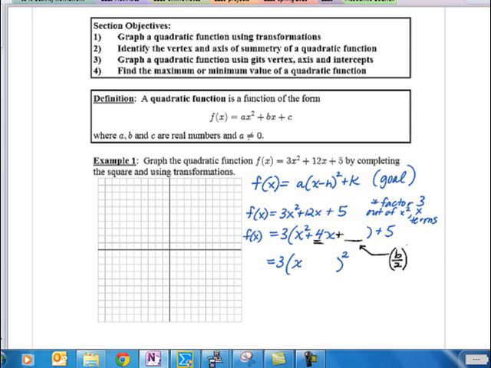So I'm ignoring the 3, I'm not looking back to the 12, I'm only looking at this 4 that's here now that I've factored the 3 out. So I take 4, I cut it in half and I square it, and that gives me 4 again, so I add 4 to the group. So it's not that I always add the same thing as this b. I always cut this in half and square it. This just so happens to be 4 again.